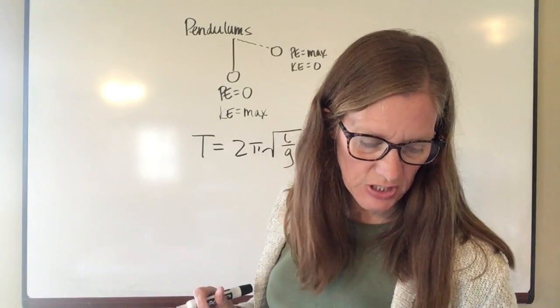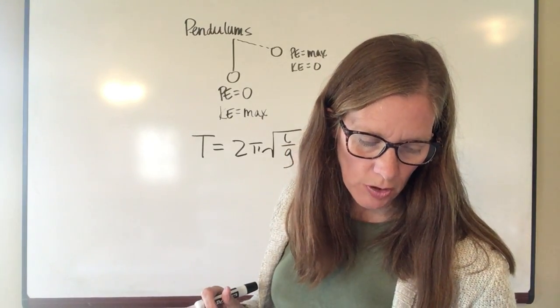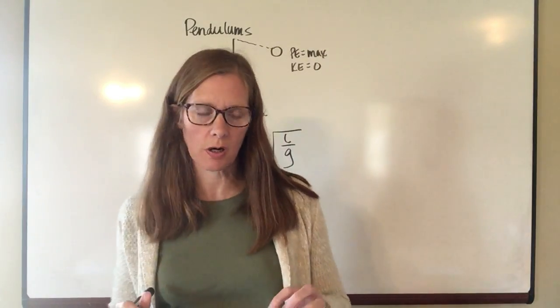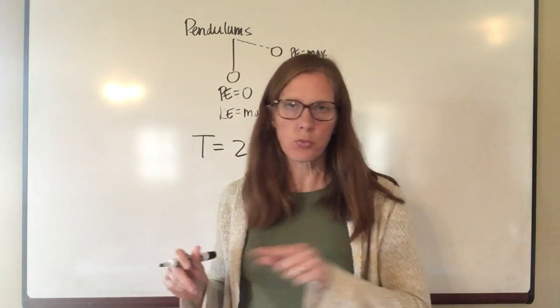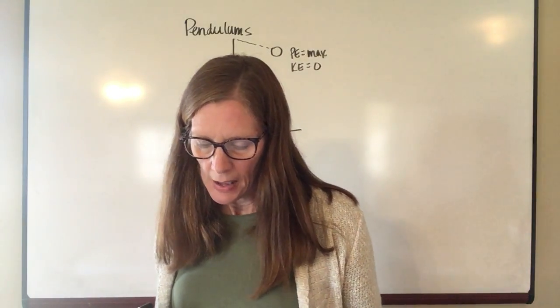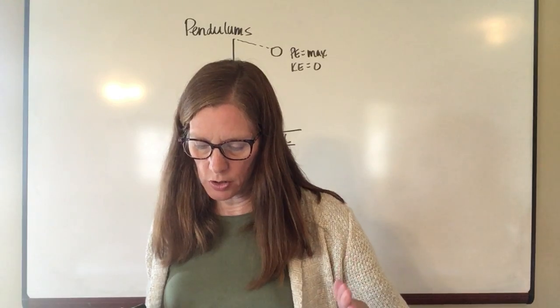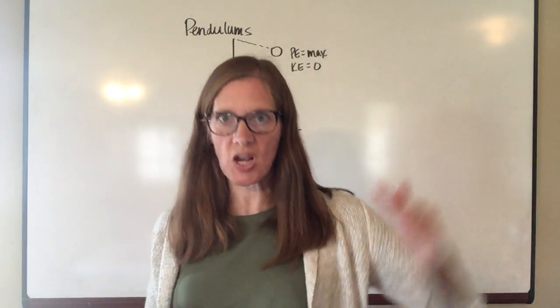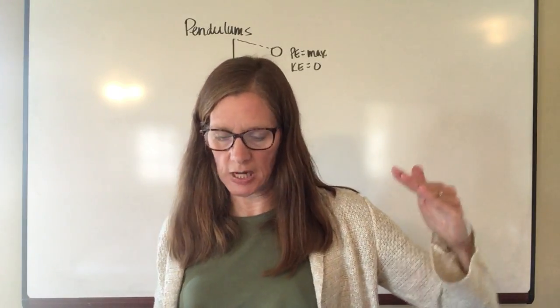Example 10.5 says, what is the length of a pendulum of a standard grandfather clock? Now, in order to work this problem, you had to read what he'd already told you about grandfather clocks previously. And that's that when it goes tick, that's 1 second, and then it comes back and does tock, that's going to be another second.